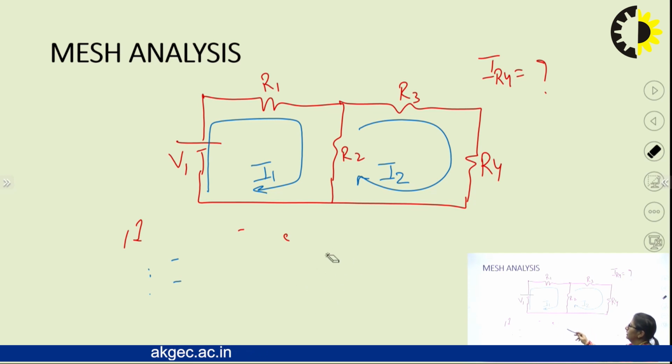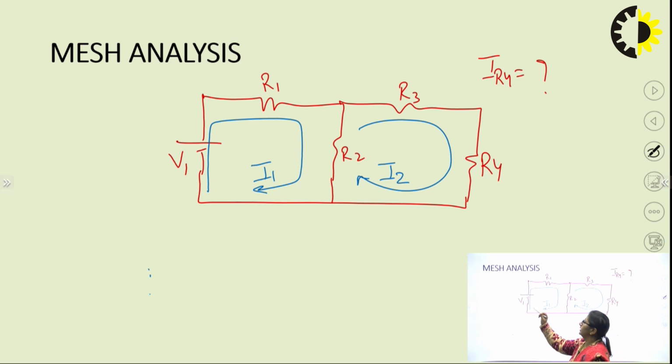Let us see the voltage drops which are occurring. For this voltage, the polarity is negative, positive, but the current is flowing in the resistor this way. That means the polarity of the voltage across R1 is going to be plus, minus. The voltage is going to be I1 into R1.